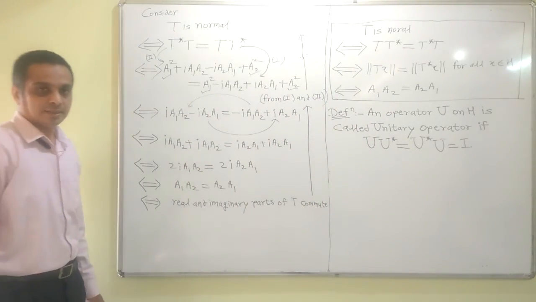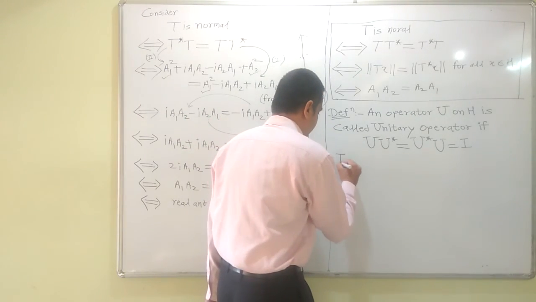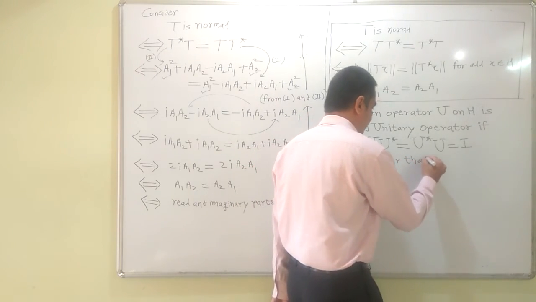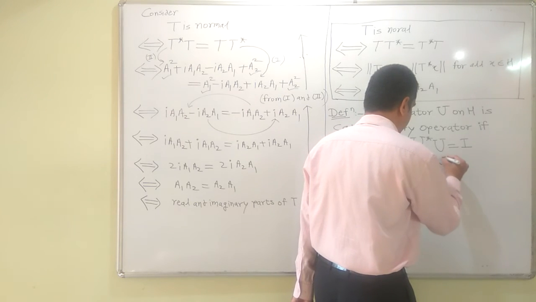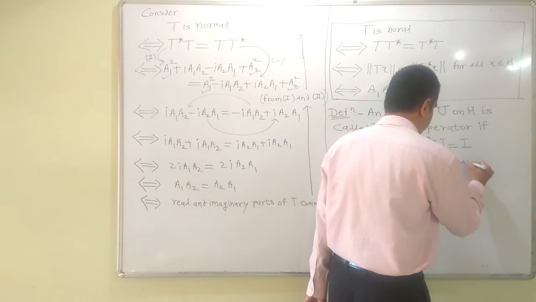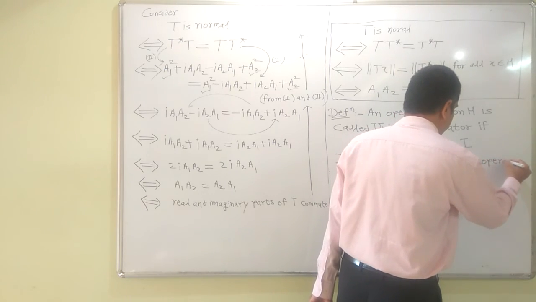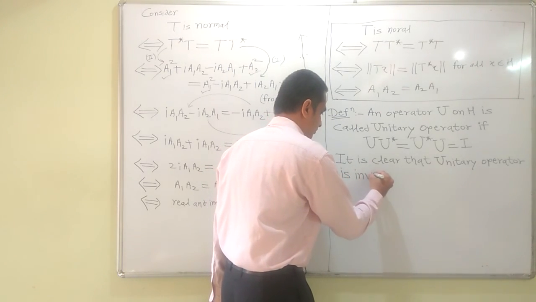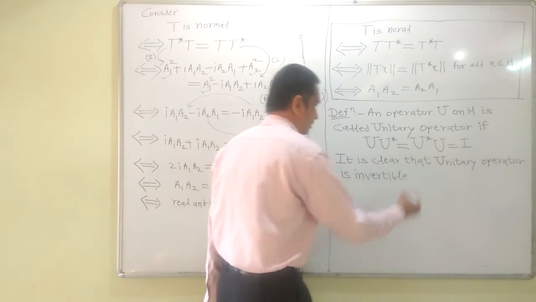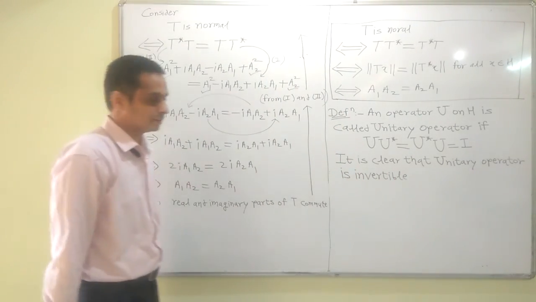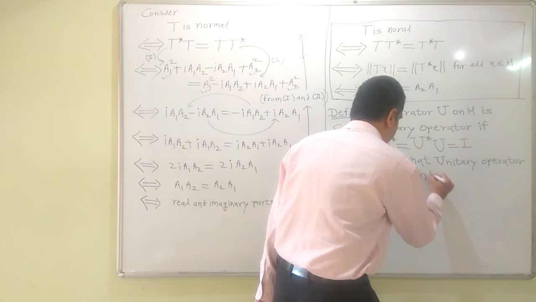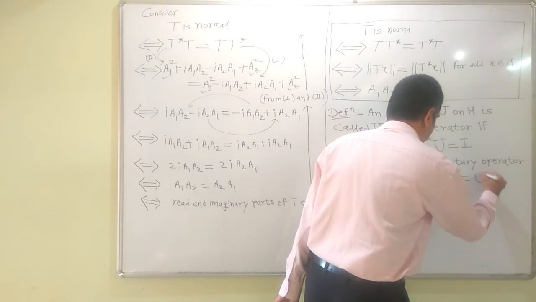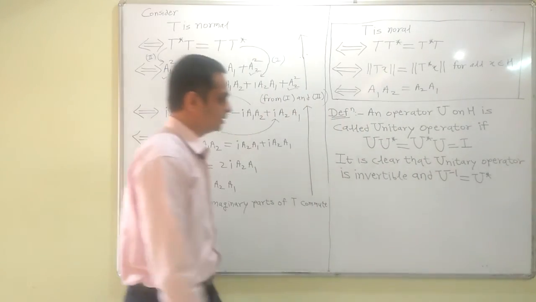It is clear that a unitary operator is invertible and U inverse is equal to U star.